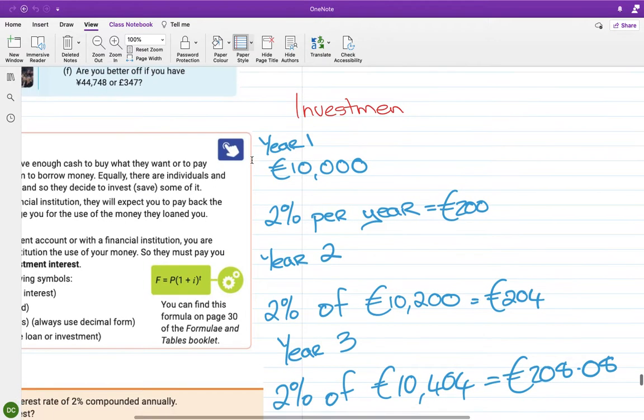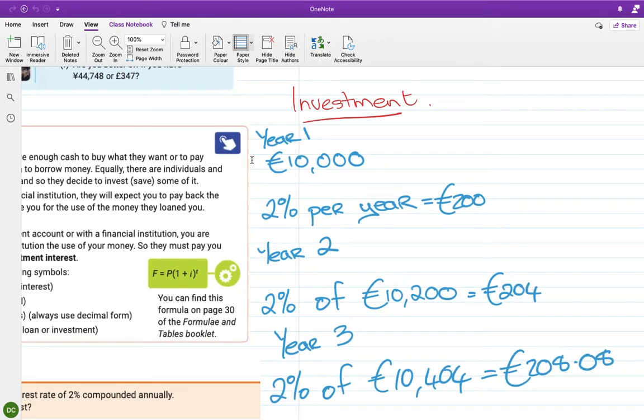Okay, so that's the idea of compound interest. It works the same when you take out a loan, except you're the one paying the interest because the bank have given you their money to have use of. So like when you buy a house, most people don't have the money to buy a house, so they go to the bank and ask the bank to lend them money so that they can buy their house, and then they pay that money back.